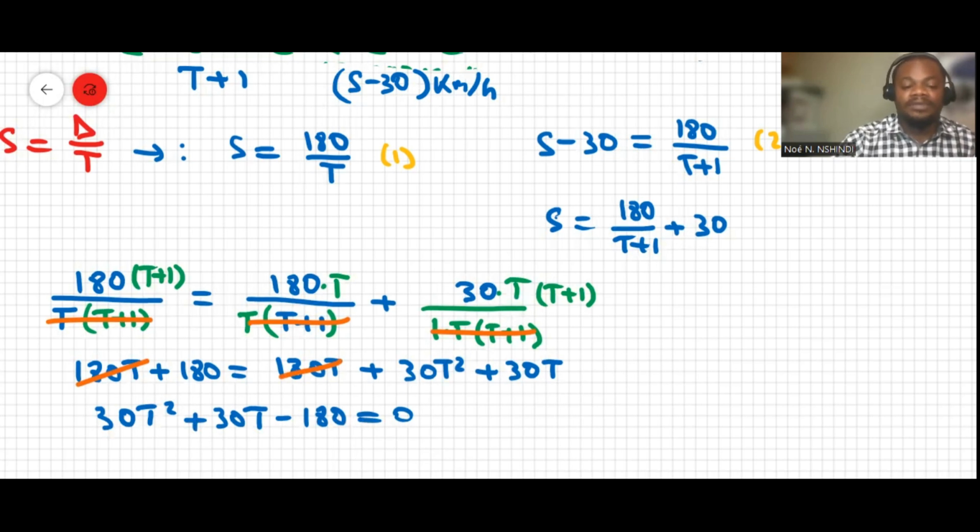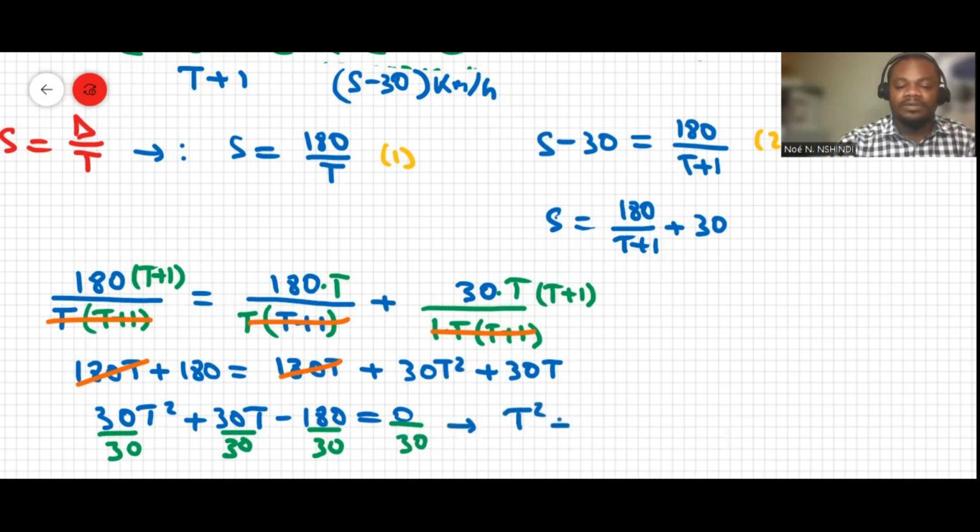Now that we have all these 30s, we can divide the whole equation by 30. Divide by 30 the whole equation. And this equation would become t squared plus t minus 6 equals 0.